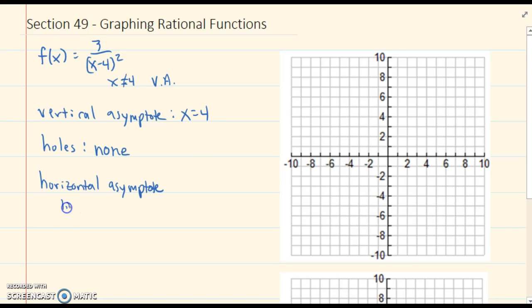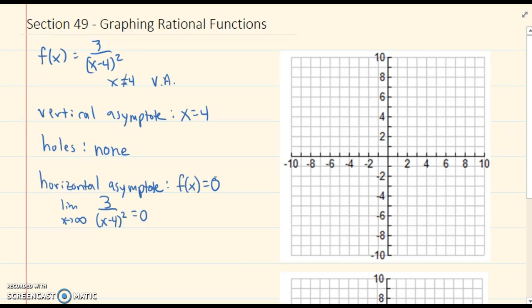So I'm going to take my function, limit as x approaches infinity, of 3 over (x minus 4) squared. Now again, I'm looking for the highest degree in the numerator and denominator. I'm seeing that it's in the denominator because the degree in the numerator is just 0, so not worrying about that. If that's the case, a number over infinity will give me 0. So my horizontal asymptote then is f of x equals 0.